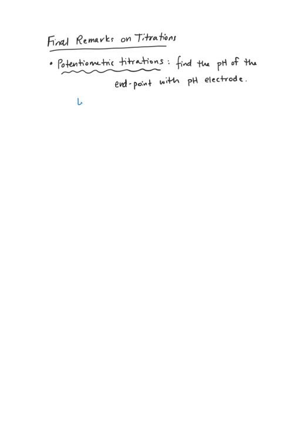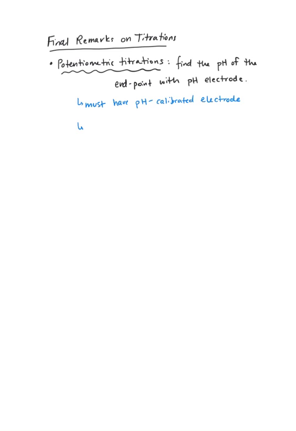This means that we must have a pH calibrated electrode. To calibrate pH, we'll use buffers of known pHs and generate a linear calibration for our probe.